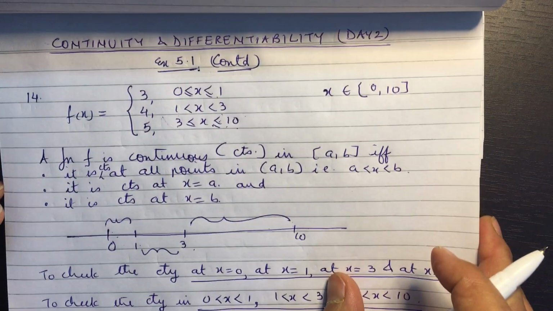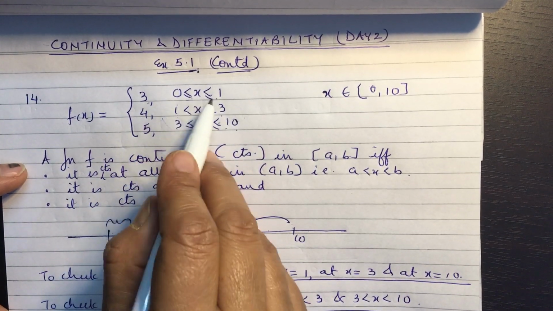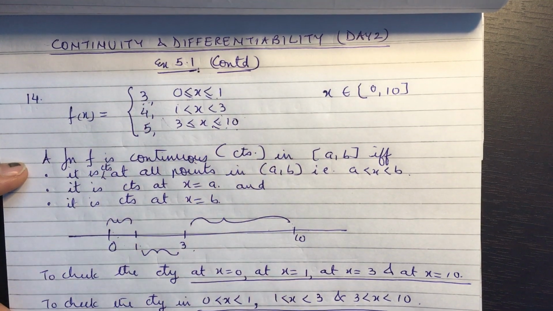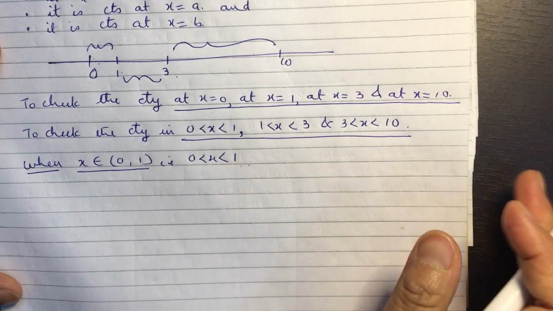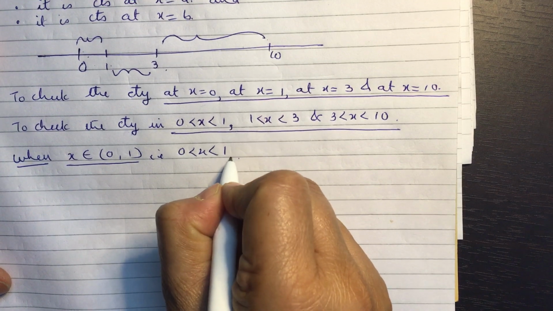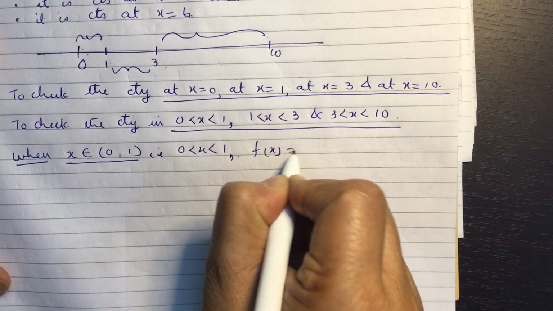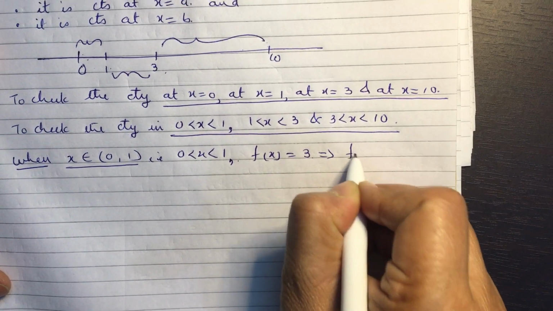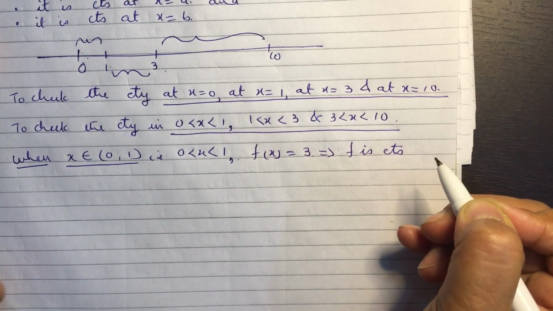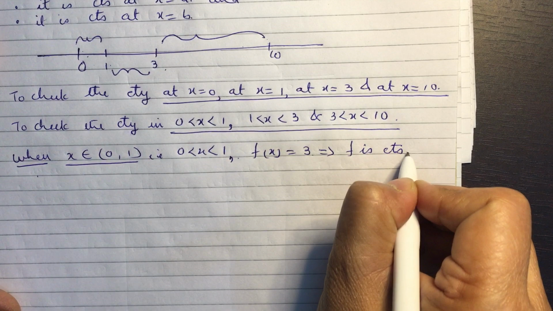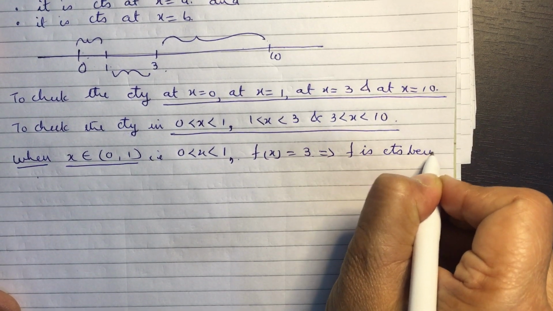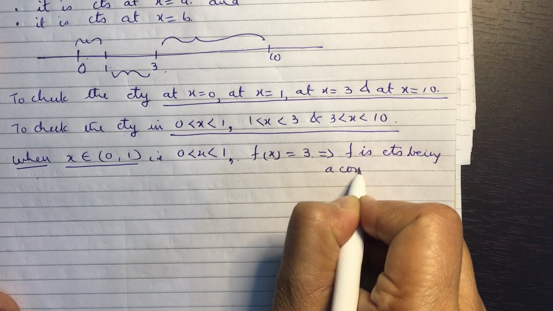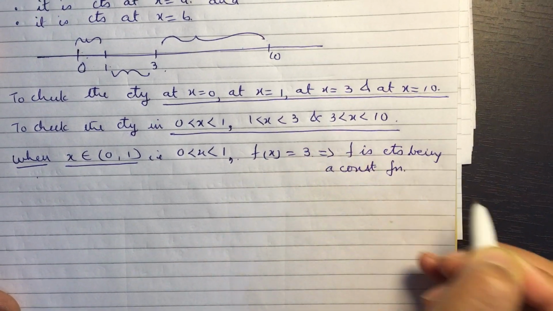By definition, we know that in this interval f(x) is defined as 3, and it implies that f is continuous, being a constant function.